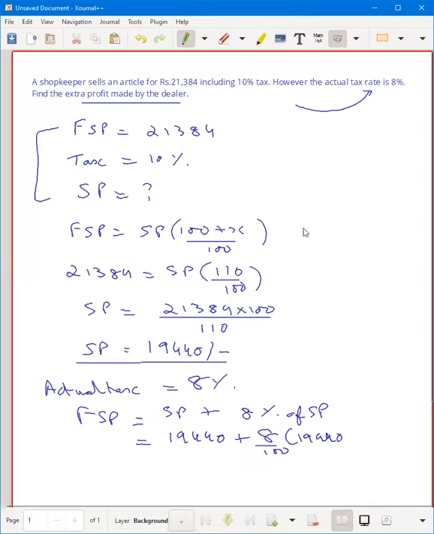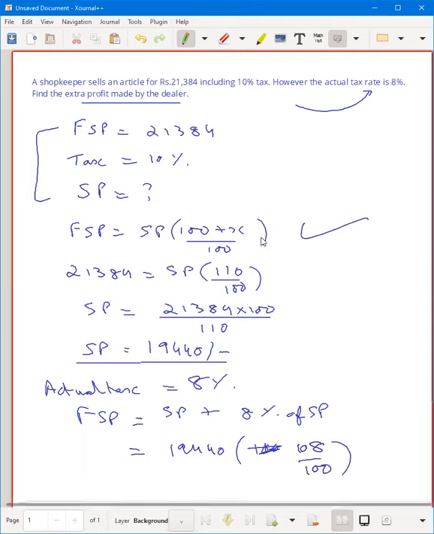Or we can even take the same formula again. If this works out complicated, we can plug in the same formula here. SP is given to you, which is 19440, upon 108 upon 100. Same formula as this one.